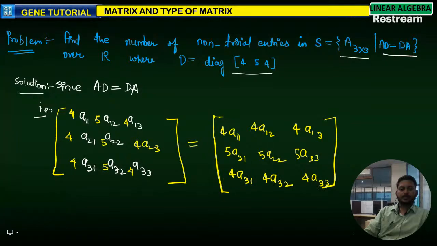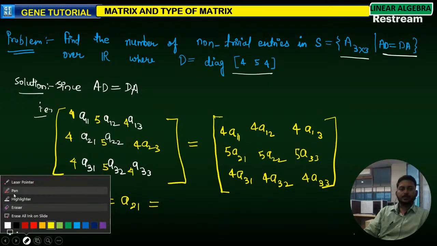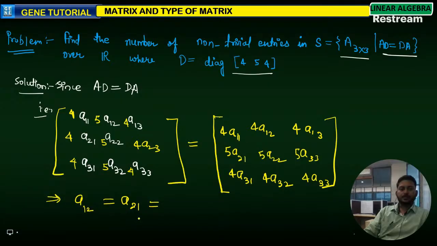So we see that here A12 equal to A21, and A23 equal to A32 equal to 0.